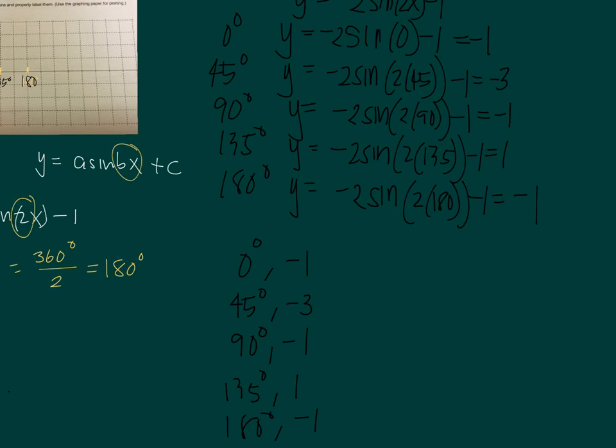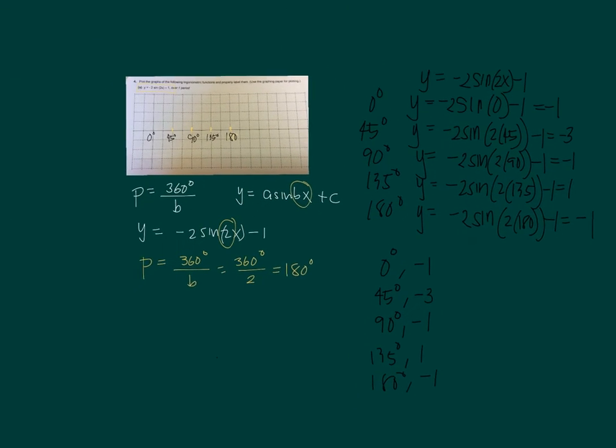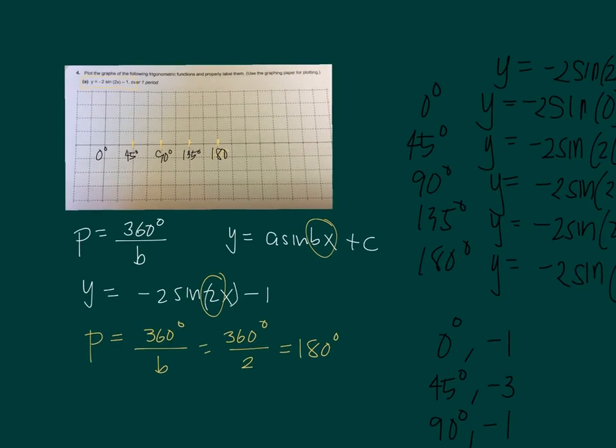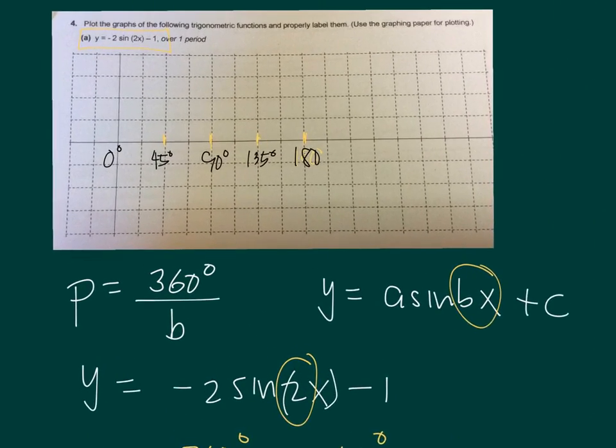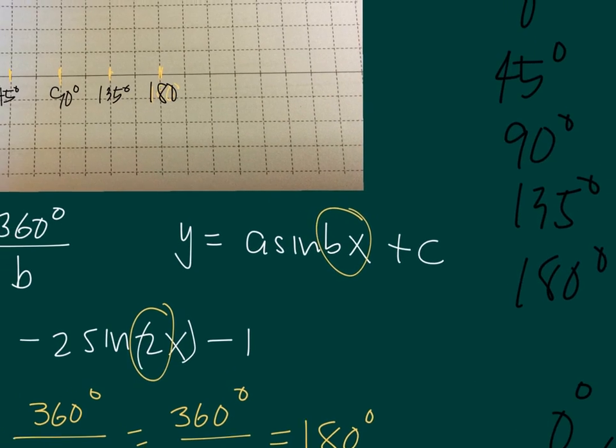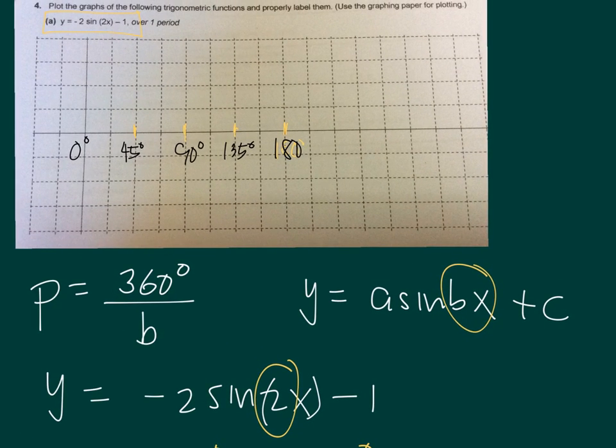So we will be placing these points on the given Cartesian plane. Let's start with 0. We said the 0 is at negative 1. When the x is 0, the angle is 0, let's use a unit like negative 1, negative 2, negative 3, and 1 above.